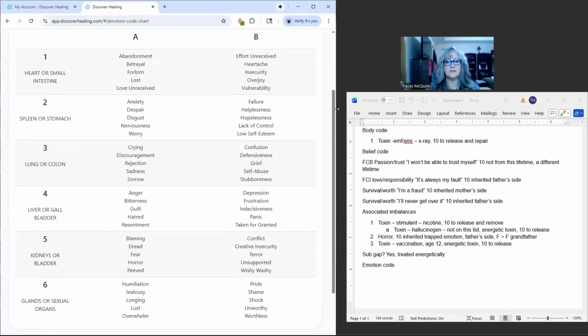Column A, column B. B evens, B odds, B1, B3, B5. Is it conflict? Is it creative insecurity? Is it terrors? Unsupported? Wishy-washy. Okay. And you'll notice that we came up with fear, or was it fear? Horror earlier. That same row where it says kidneys and bladders on the side, that's the meridian line, the kidney and the bladder circuit.